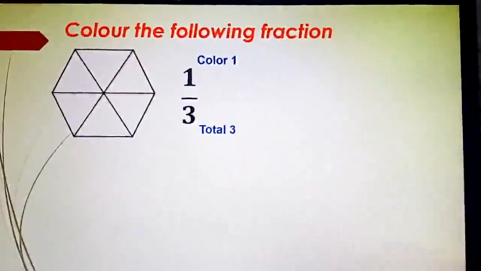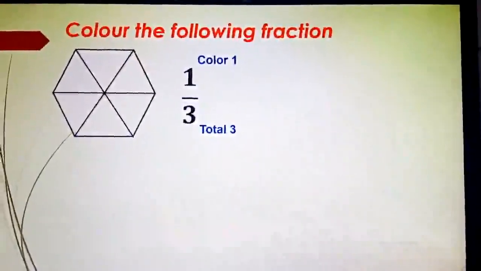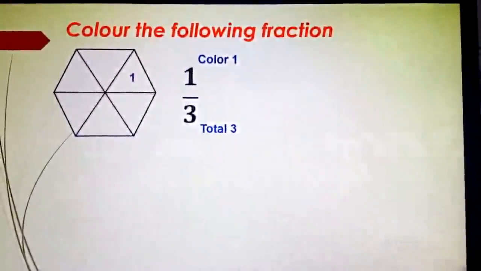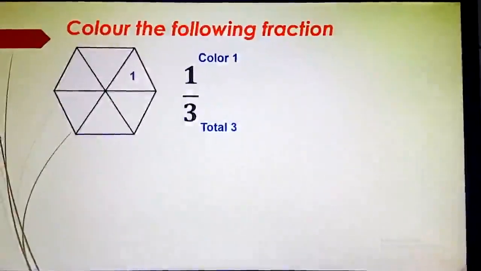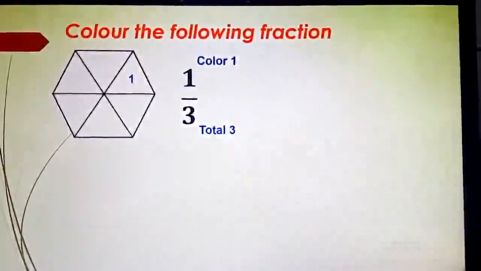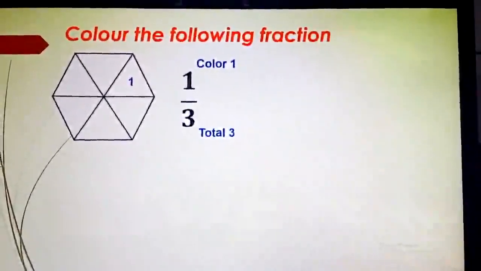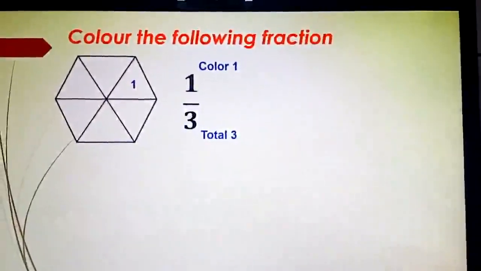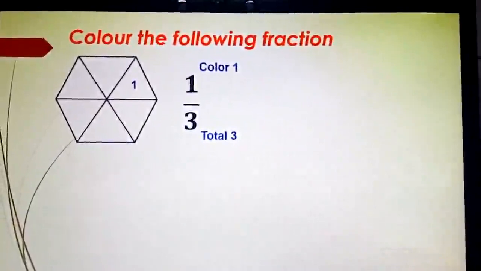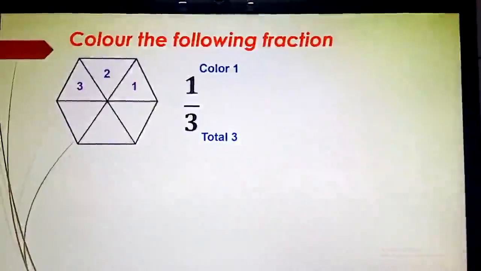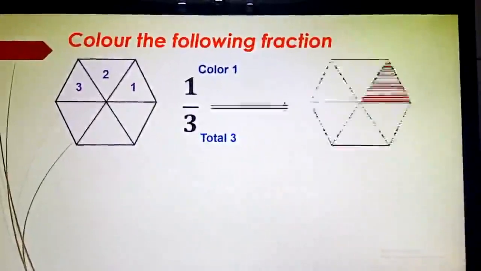But here the total parts are 1, 2, 3, 4, 5, 6. 6 parts. So let's count 3 parts, then stop and color 1. Like this. Count 1, 2, 3, stop and color 1.